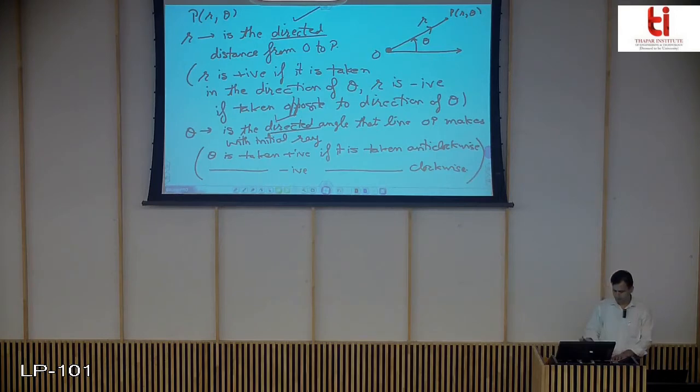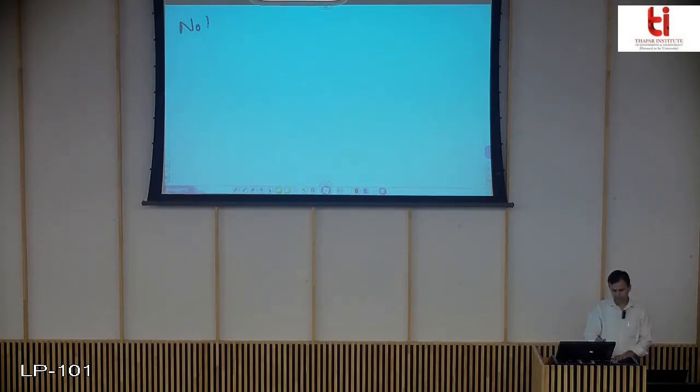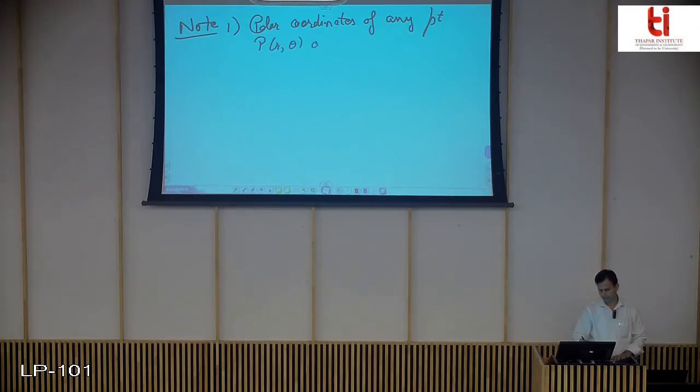Now, some important points regarding polar coordinates. The polar coordinates (R, theta) of any point are not unique. They are not unique. Why?